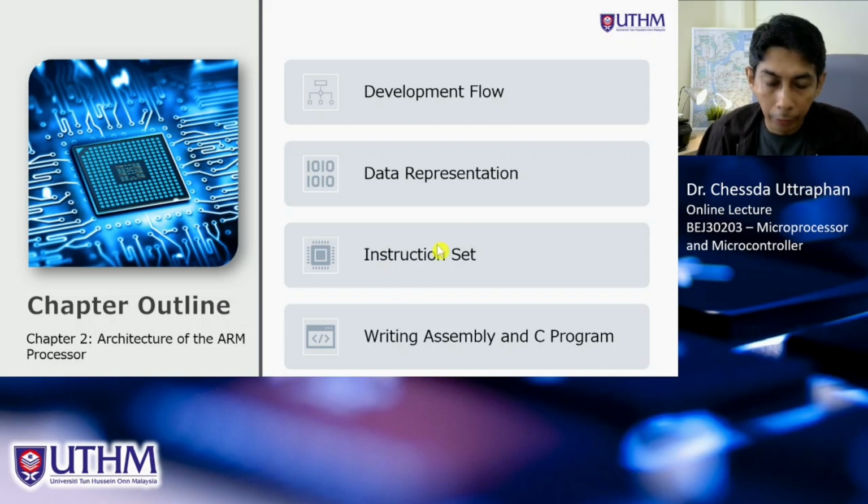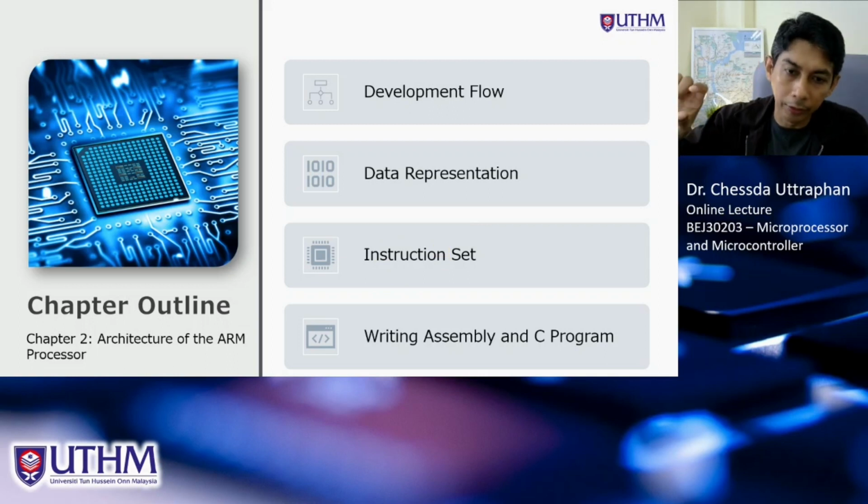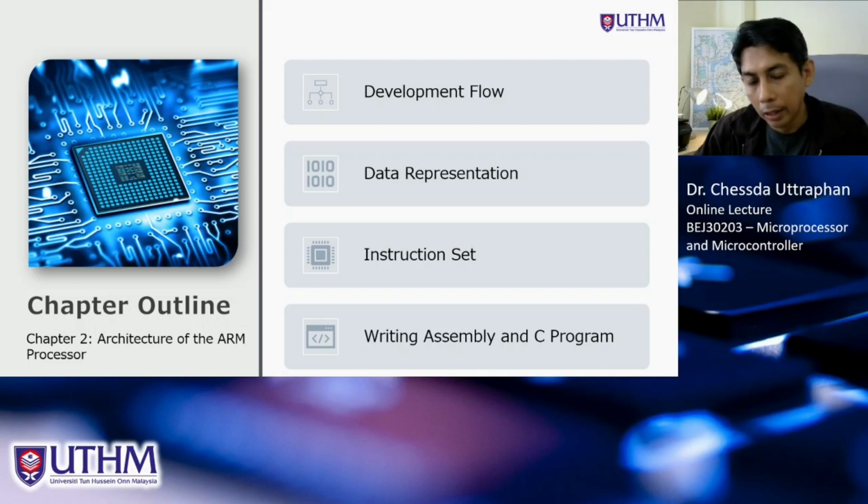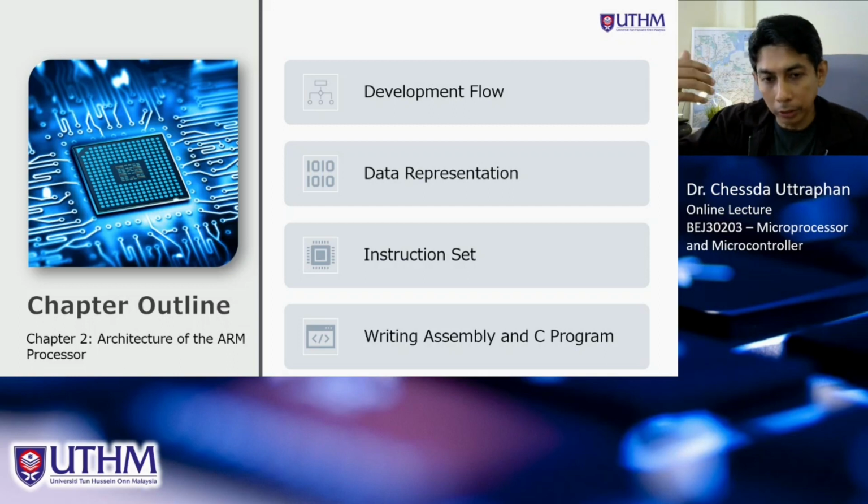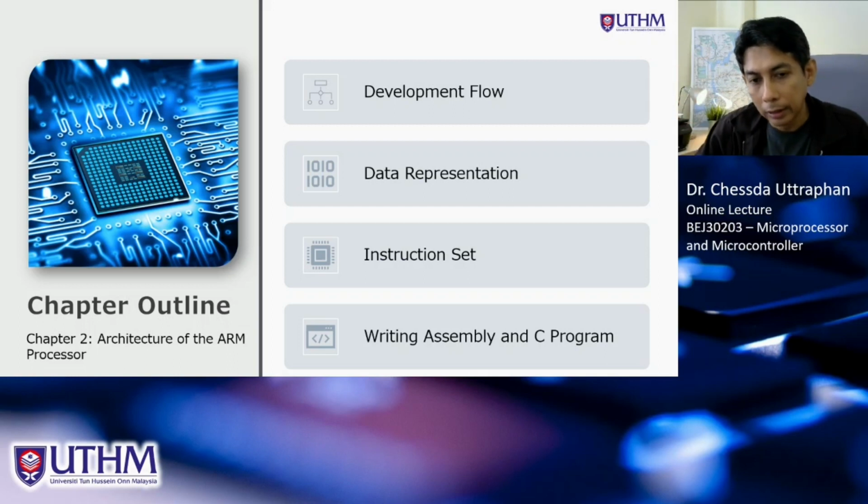And when we have a series of instructions, for example, the first instruction is this, second is this, third, and so on and so forth. So we can get the program, where the microprocessor will follow the instructions one by one and perform the function that we want the microprocessor to do.